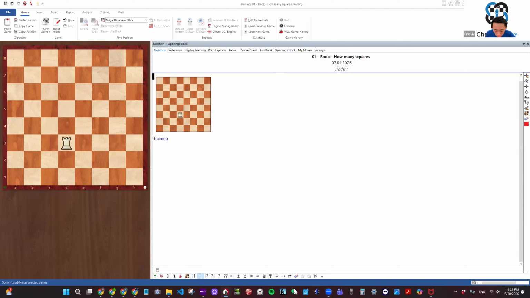The second question is, how many different squares can the rook move to? You're going to have to count a little bit for this one.